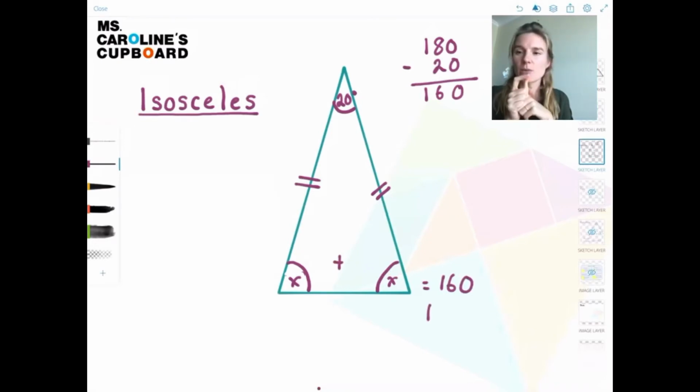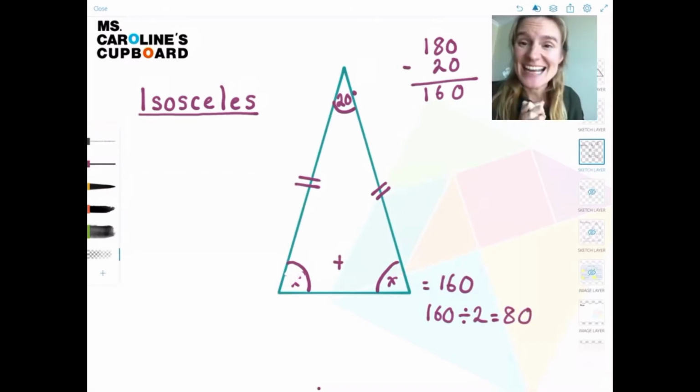How can I work out what 160 is? Divided by 2. What's 16 divided by 2? 8. Add on the 0. 80. So we know that our two bottom angles are 80 on the left and 80 on the right. Well done, girls. So if you see an isosceles triangle, you know that those two angles are the same.